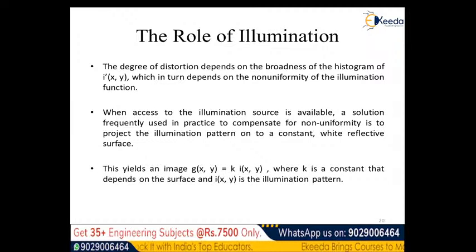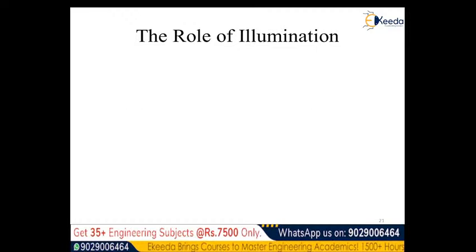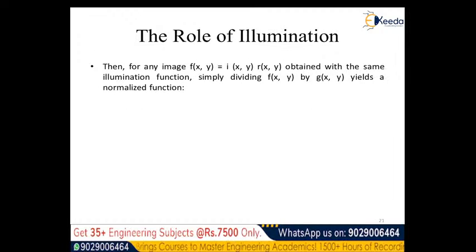Here k is a constant that depends on the surface, and I of x comma y is the illumination pattern as we discussed earlier. In this case, for any image denoted f of x comma y to be a product of I of x comma y and r of x comma y obtained with the same illumination function, simply dividing f of x comma y by the output image g of x comma y will yield the normalization function.